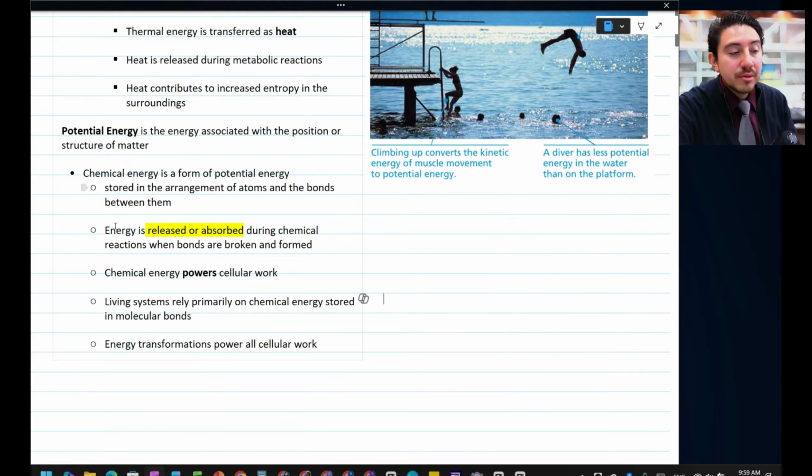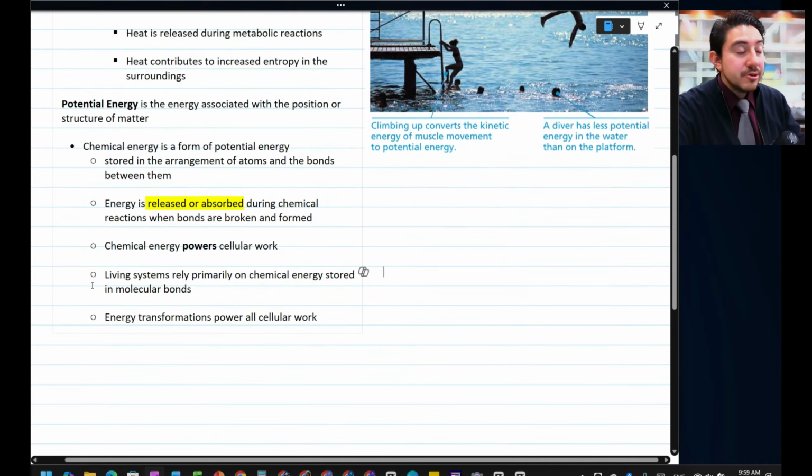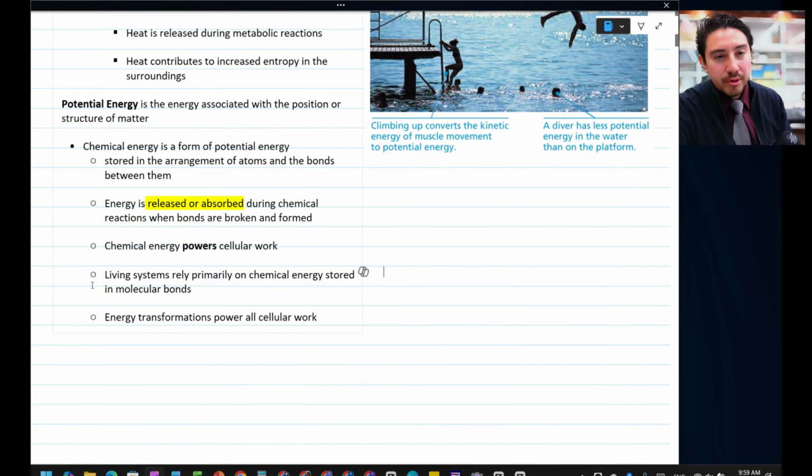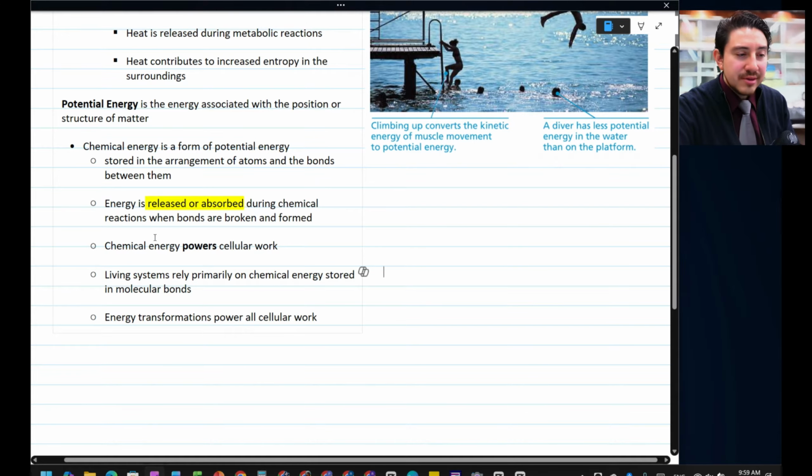And energy could be released or absorbed during chemical reactions when bonds are broken and new bonds are formed. So depending on the reaction, you're going to have a net gain of energy or a net release of energy.